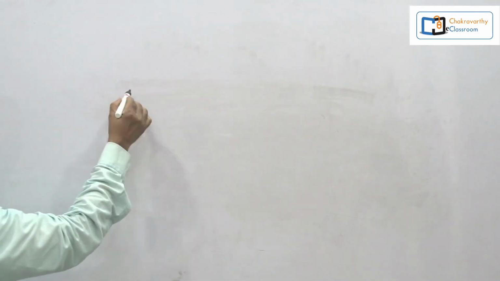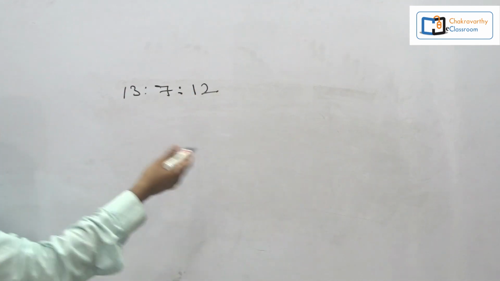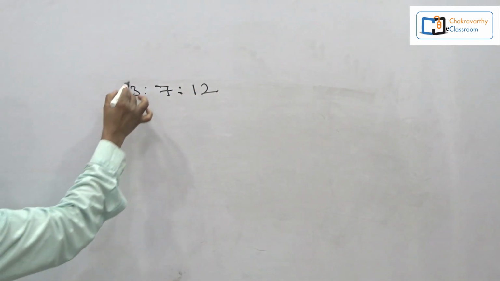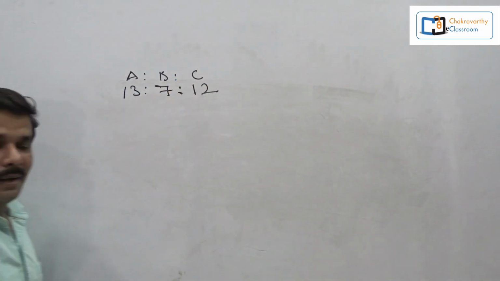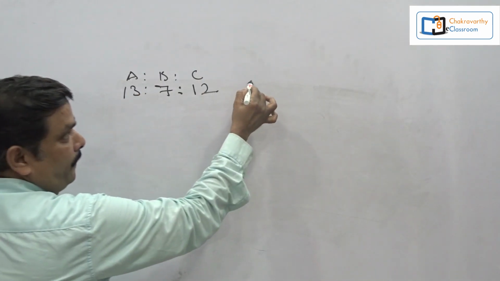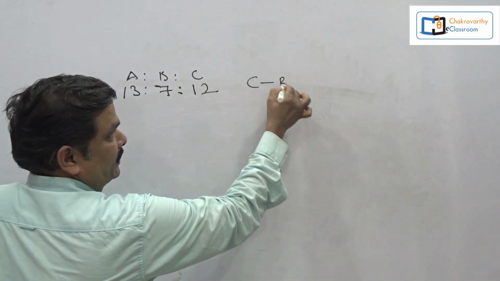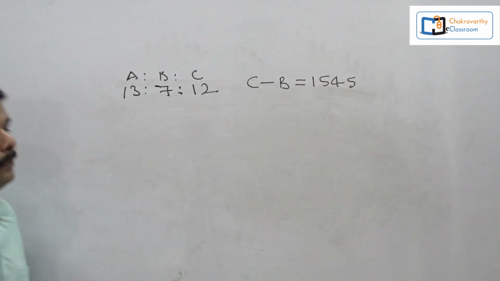Here they have given the incomes of A, B and C in the ratio of 13:7:12. I'm not writing this one, you can write it. Then, if B earns 1545 less than C, if you want you can write the problem.